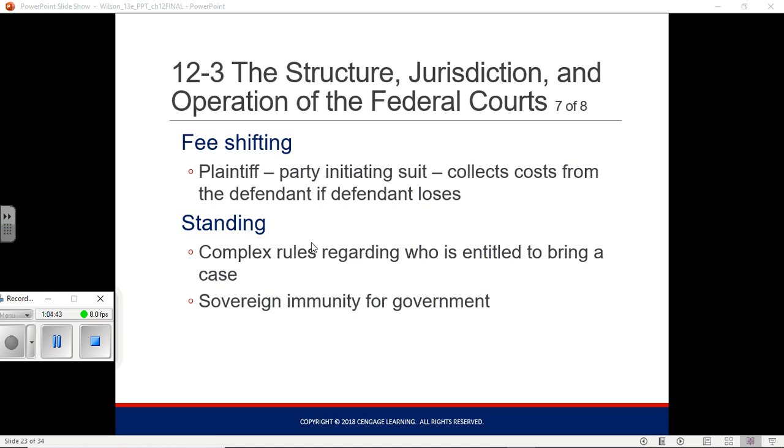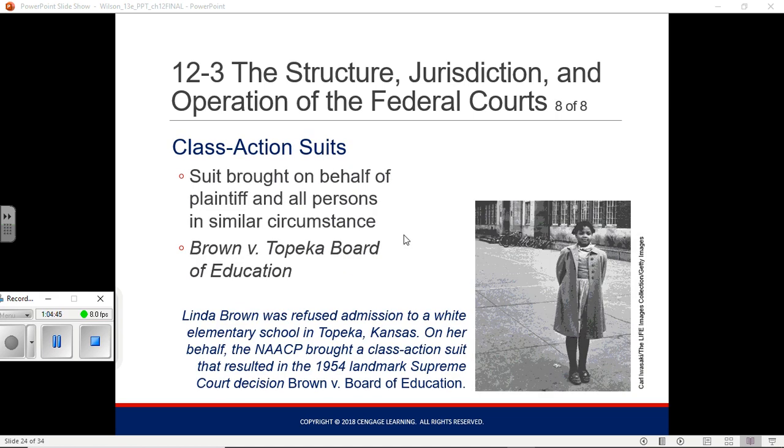Standing has become more liberalized. Now, it's pretty easy to get to court, kids. Okay? And we've made it far easier to enter the federal courts than once upon a time, than early American history for sure.